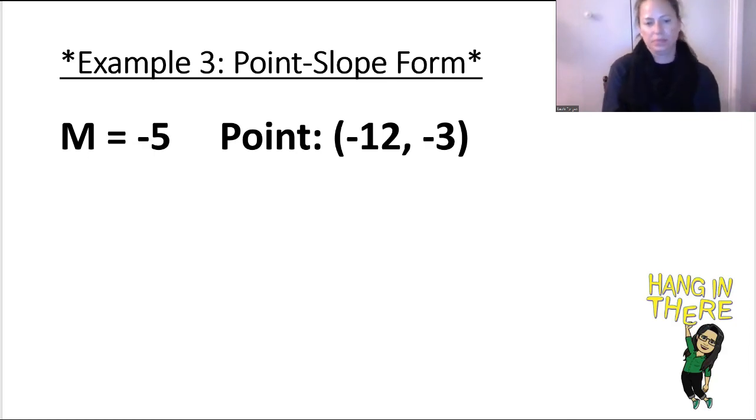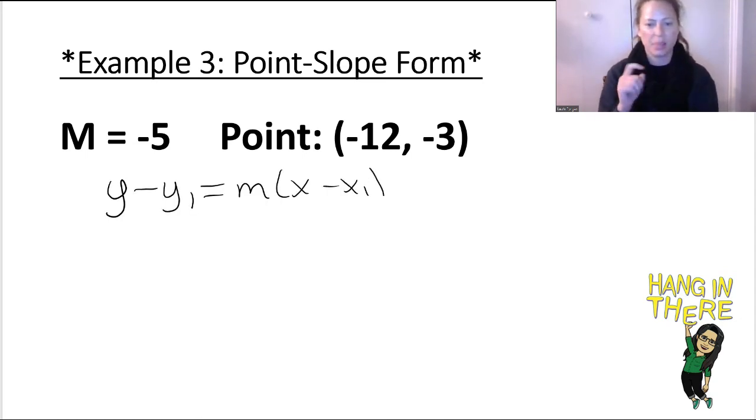All right, next slide. I want you to go ahead and press pause and try this one on your own and see what you get. Go ahead, press pause now. All right, welcome back. So y minus y1 equals m times x minus x1. This is x1, y1.